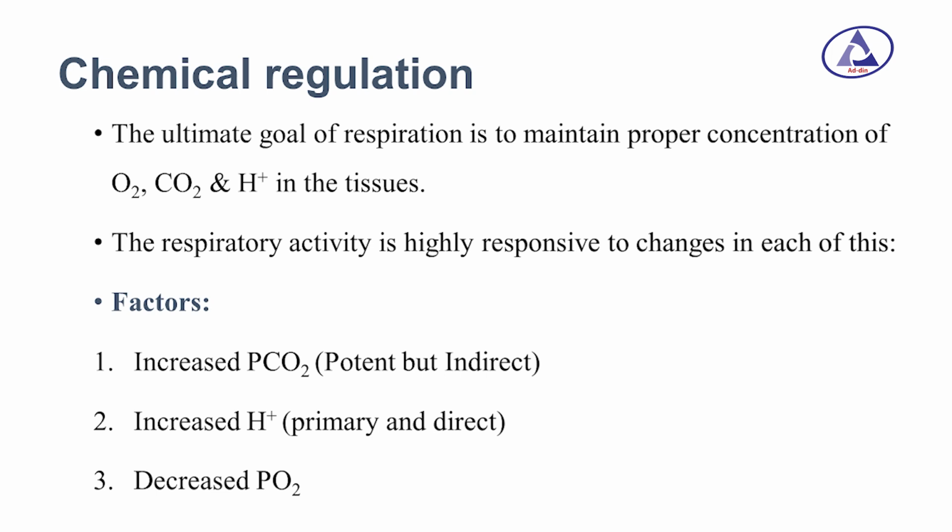If there are changes in these chemicals, for example, if the carbon dioxide is increased in my blood, if the hydrogen ion concentration is increased in my blood, if the oxygen falls. Increased hydrogen ion concentration is called acidosis.